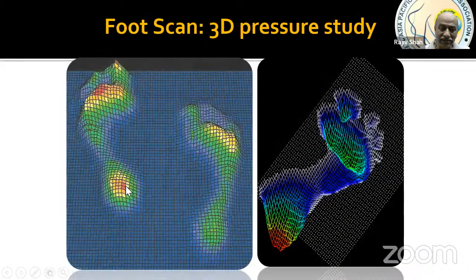So look at this. Now this is the foot scan of an Indian cricketer, an Indian fast bowler. He was having a problem of reduction in speed after bowling 5 to 6 overs, and this is where he was putting more pressure on the heel and was also on the verge of developing a calcaneal stress fracture.